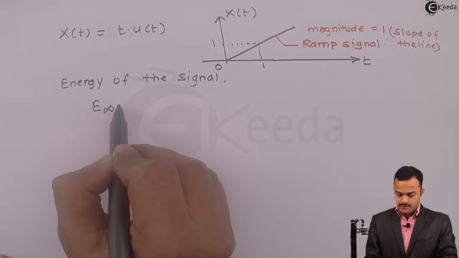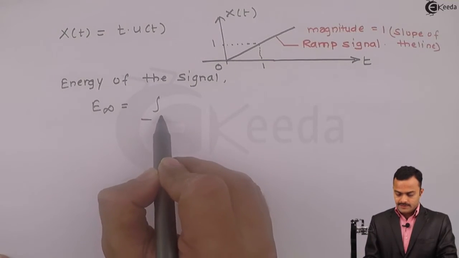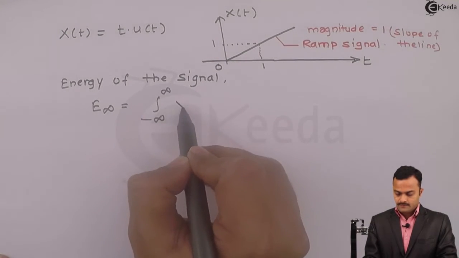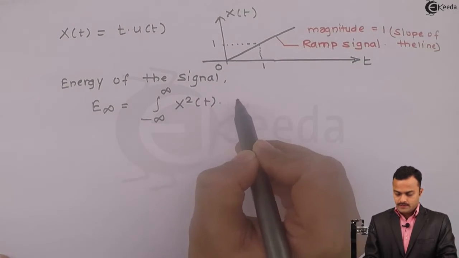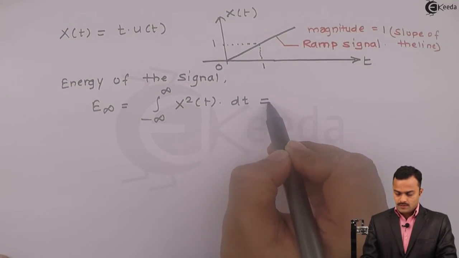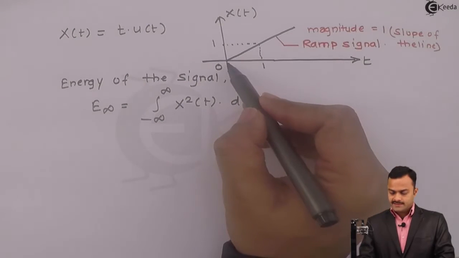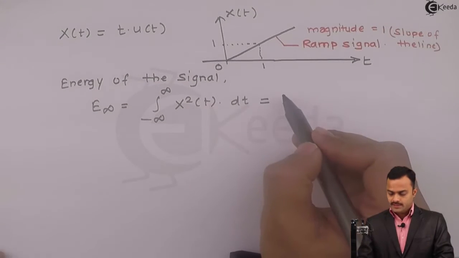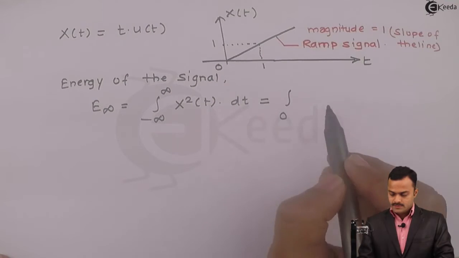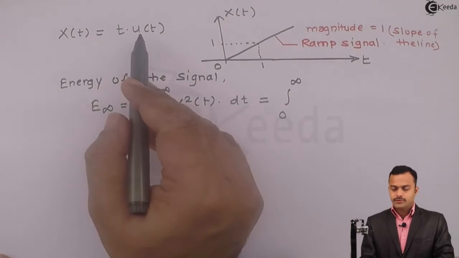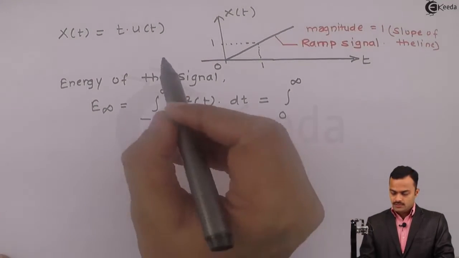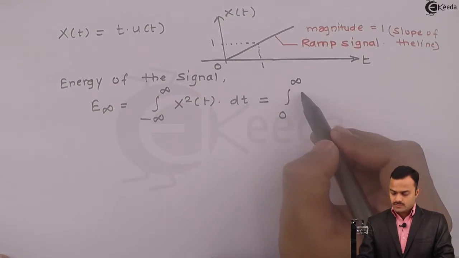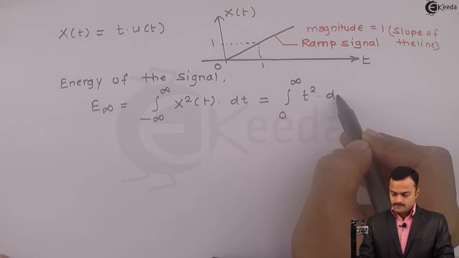E infinity equals integral from minus infinity to infinity of x square t dt. Since the signal exists from 0 to infinity, hence the limit will be 0 to infinity, and u of t will have the value 1, so the only signal left is t, whose square is t square.